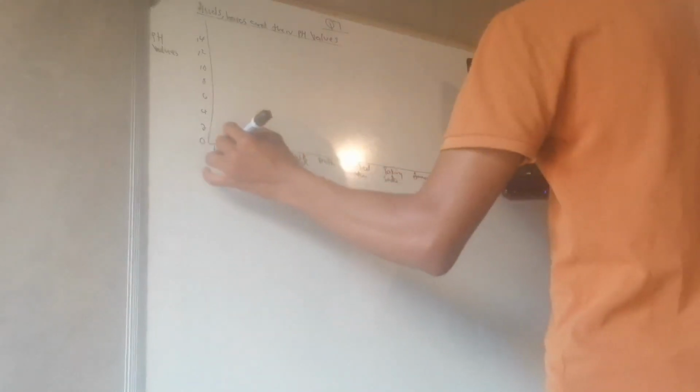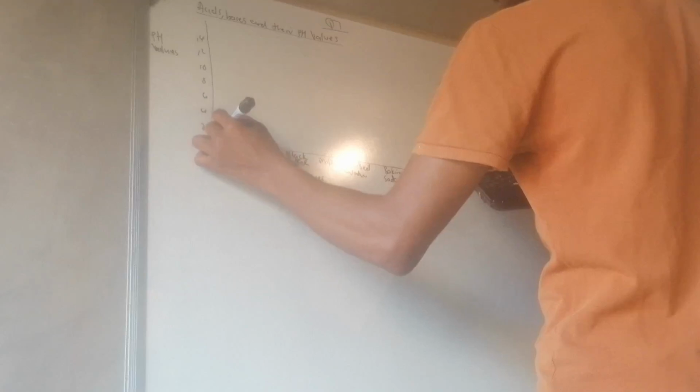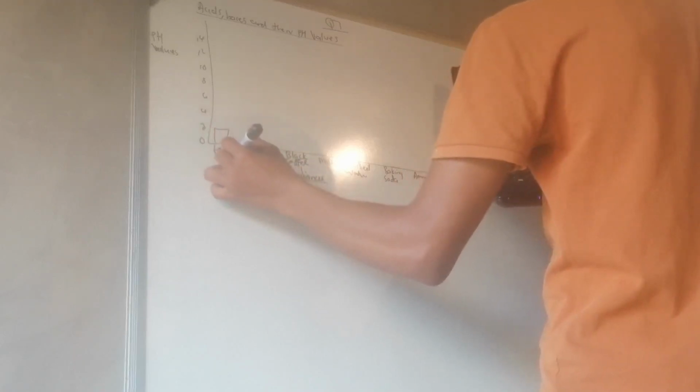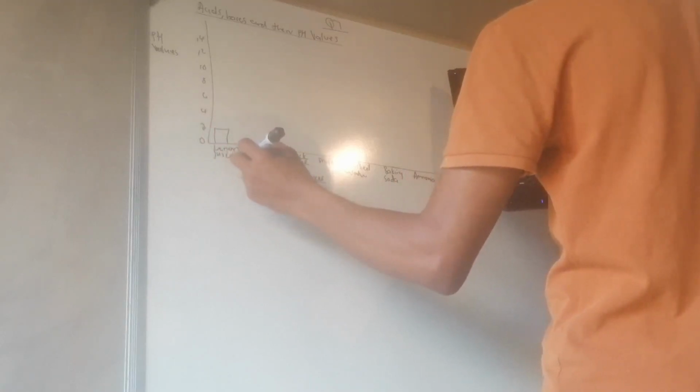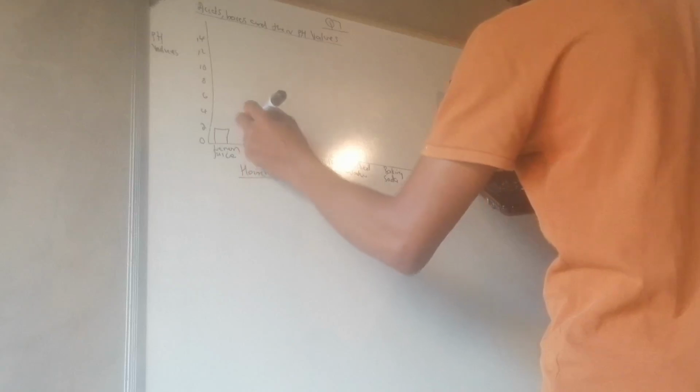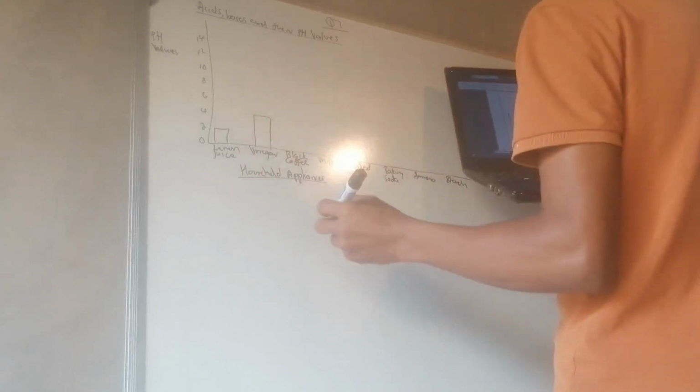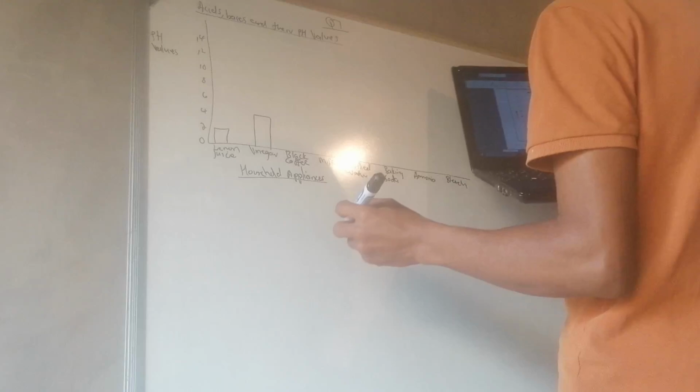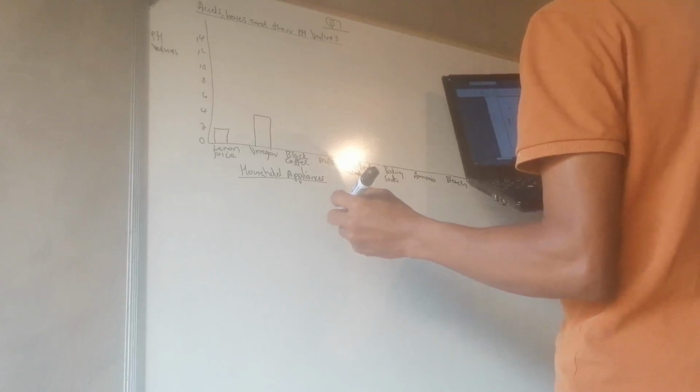Right. The pH for lemon is 2. The pH for vinegar is 4. The pH for black coffee is 5.